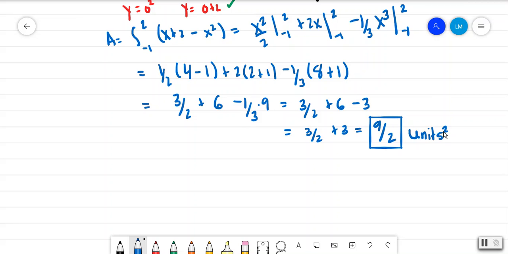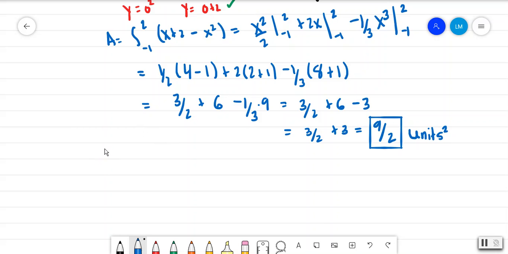Okay, so in another case, what you can probably do is try another example.